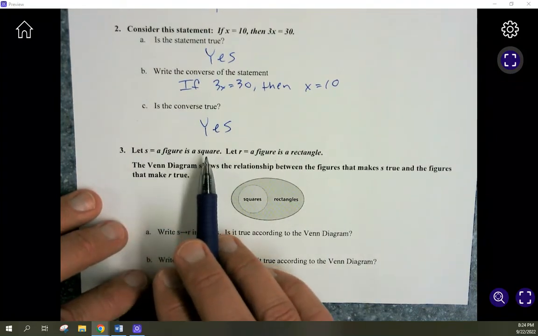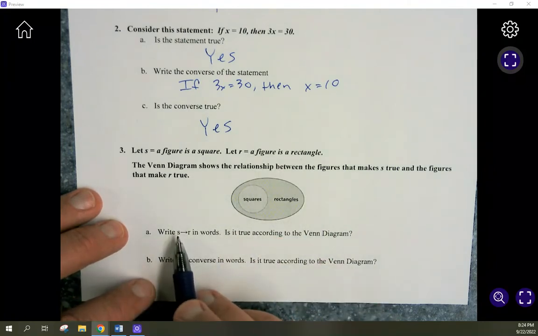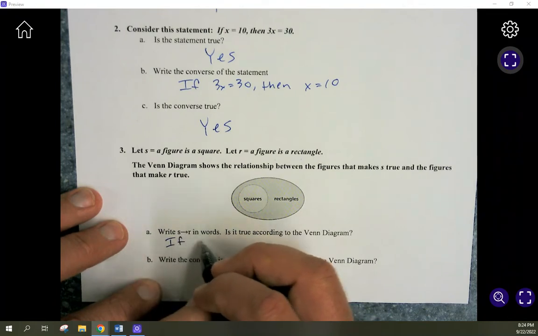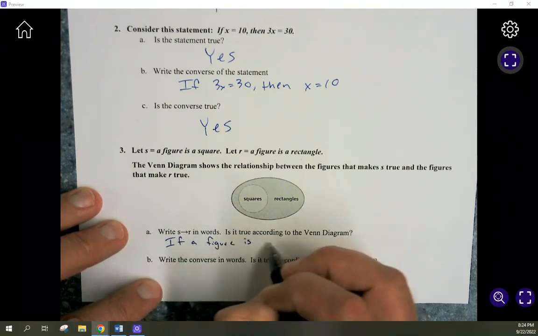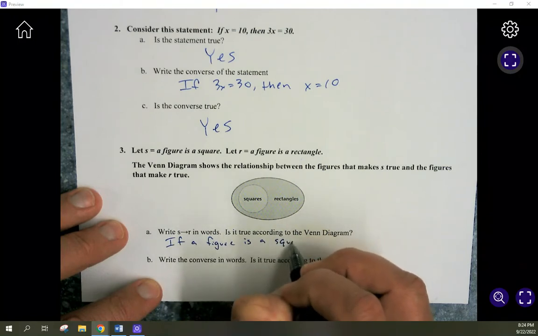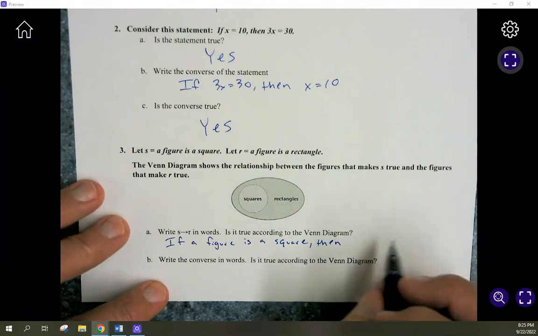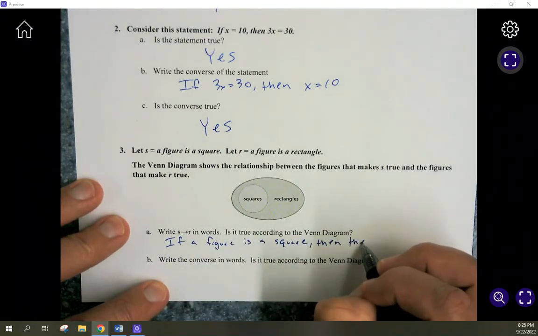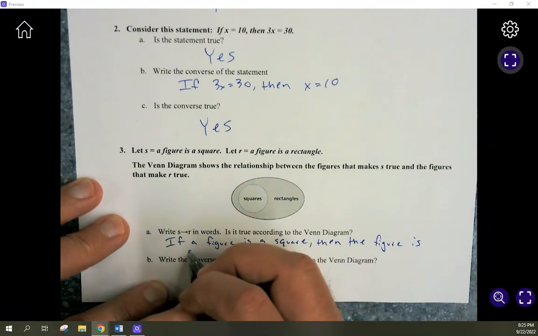So part A, we're going to write if S, then R in words. So S is the figure is a square, R, the figure is a rectangle. So if S, then R. So if a figure is a square, then the figure is a rectangle.